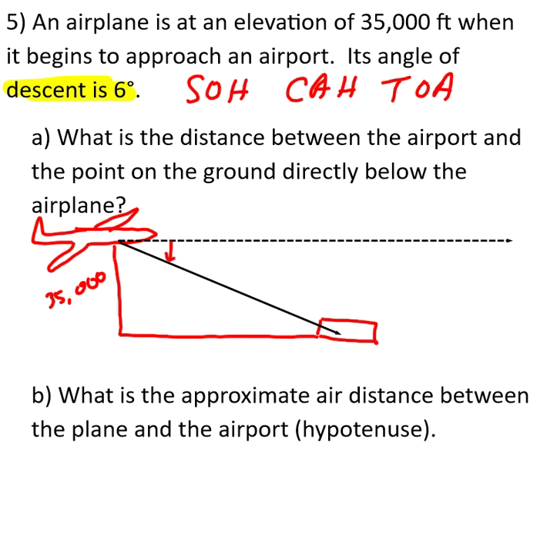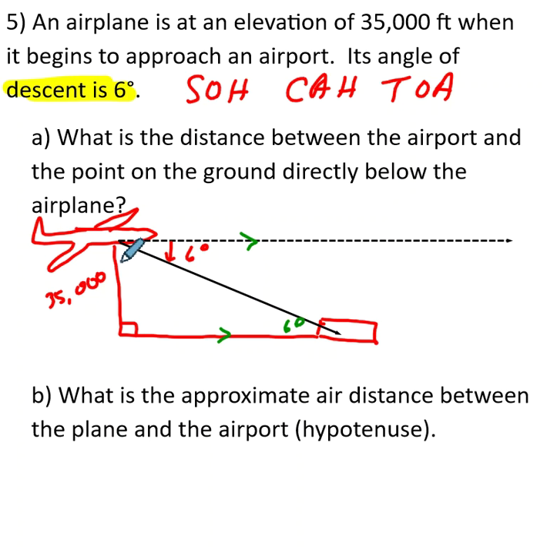So this angle of descent is outside our triangle. It is 6 degrees right there. Because I have two horizontal lines that are parallel, I have alternate interior angles. So this 6 degrees, the angle of depression outside the triangle, is the same as this angle of elevation down here, 6 degrees also.